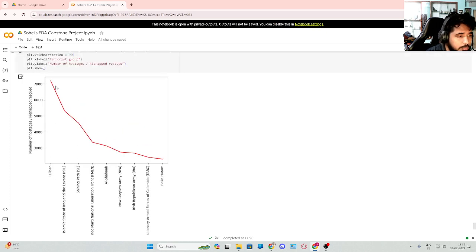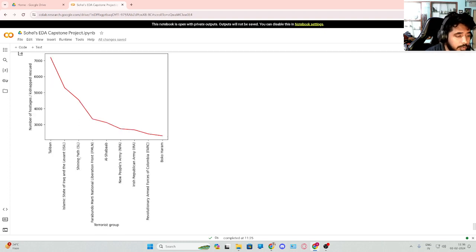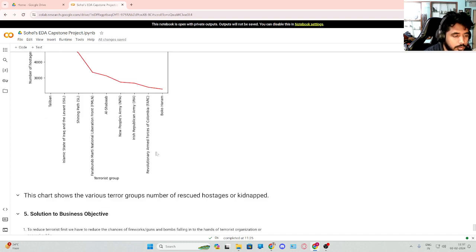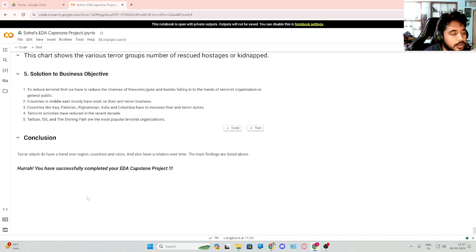Taliban has released the most, more than 7,000 hostages or kidnapped, followed by ISIL, followed by Shining Path, and Boko Haram released the least. Means Boko Haram kills all their hostages.